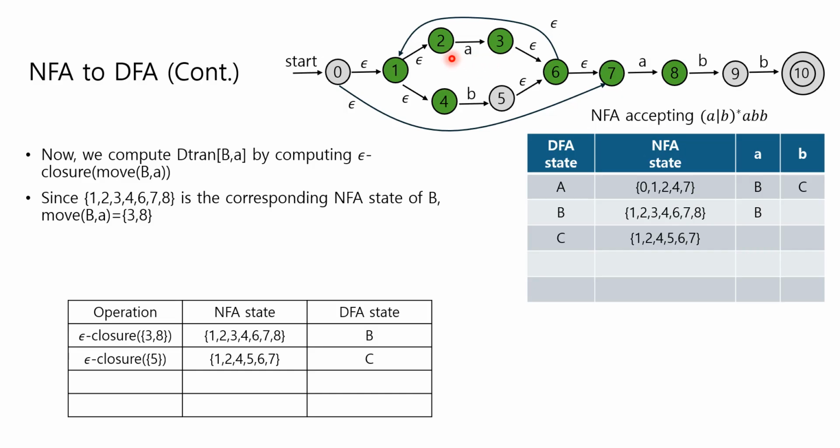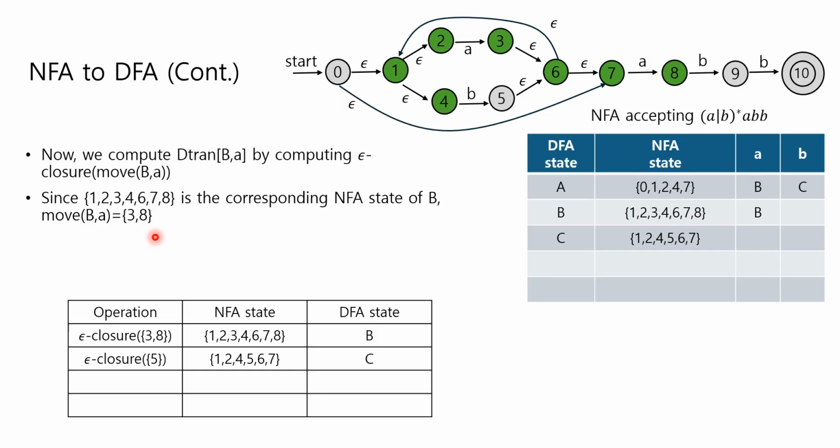If we look at those source states, they are states 2 and 7, and because they are included in the NFA state of B, the states 2 and 7, which have a transitions to states 3 and 8, are in the NFA state of B. So we add states 3 and 8 because they are the states to which there's an input symbol a from some state in the NFA state of B. So move of B, a is 3, 8.